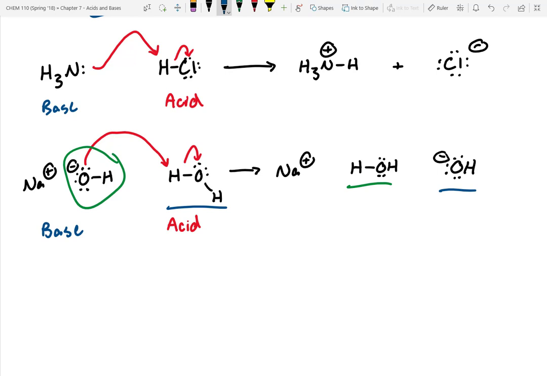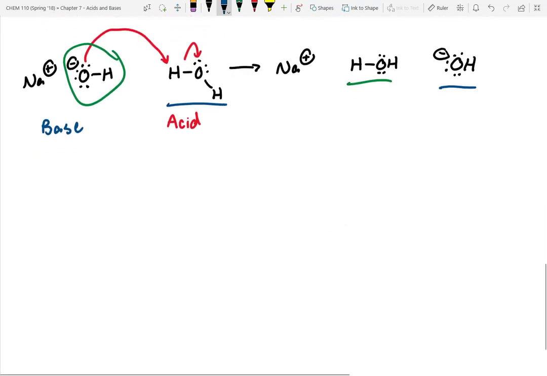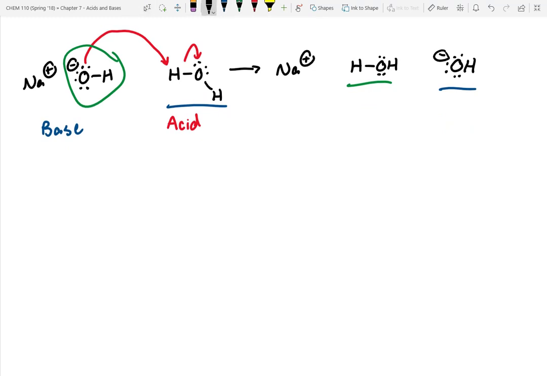All right, let's try another one. And I want you to help me with the arrows, so I'll give you a minute to think about this. First thing you should do is determine which one's the acid and the base, and then show the arrows to show a handoff of your proton and the anticipated products.